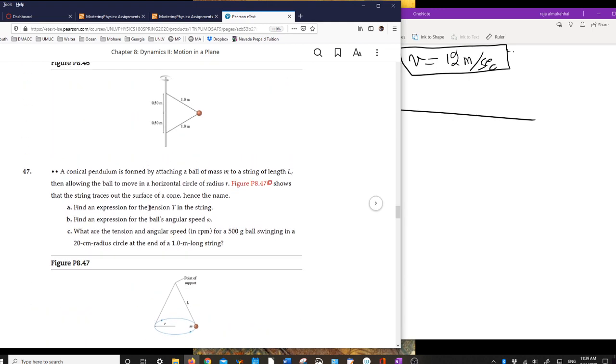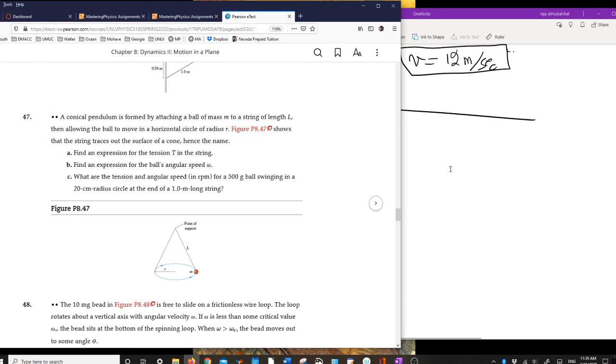Okay? So what you have in here, he says a conical pendulum, there we go, is formed by attaching a ball, here it is, of mass m to a string of length L, here it is, then allowing the ball to move in a horizontal circle. So it moves in this circle like that, okay?